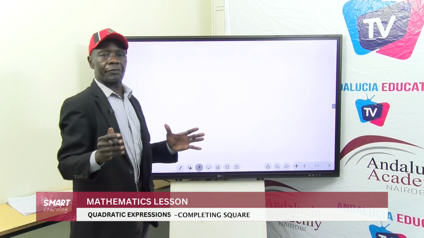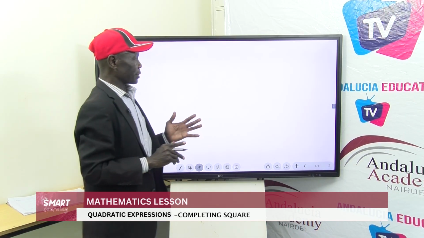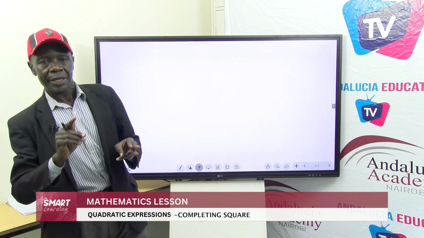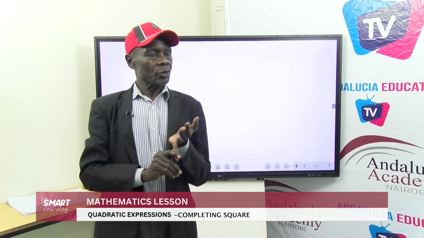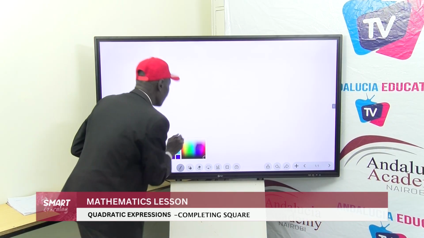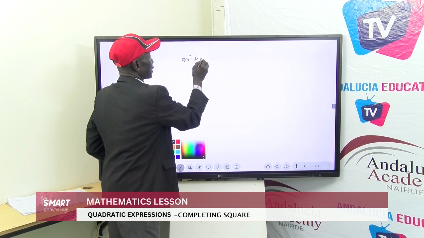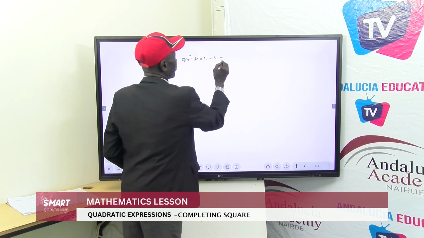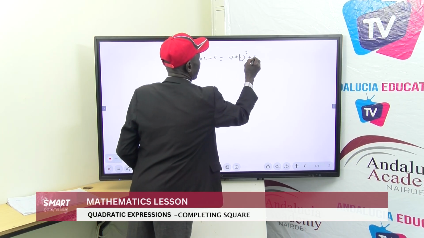I hope you have understood all the steps of completing squares. One, your a should be 1, so that you can write ax squared plus bx plus c in the form of x plus p squared plus q.